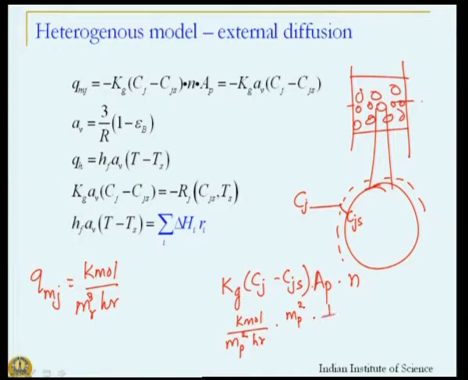Number per mR cube will give me my required QMJ.